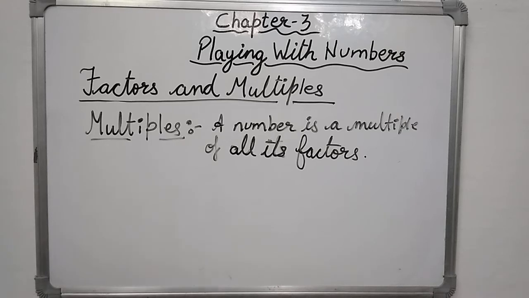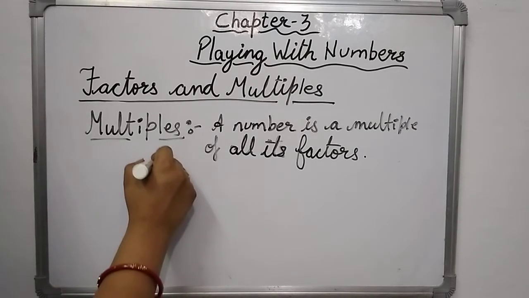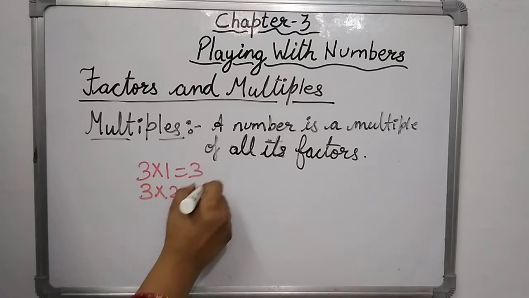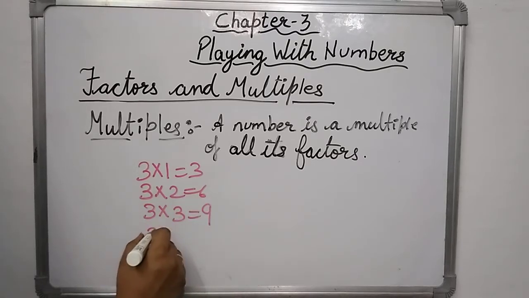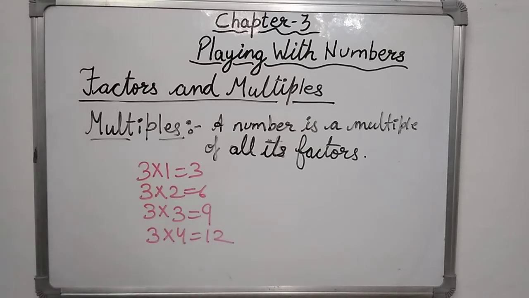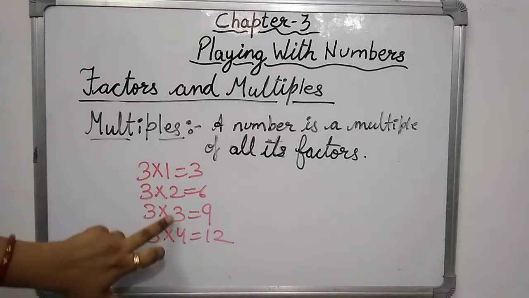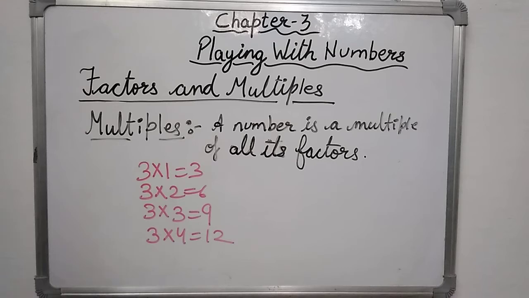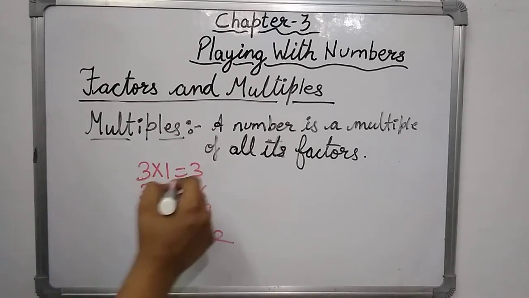We can understand it with the same tables. This is a table of 3. In this table, what we are doing is multiplying number 3 with different numbers to get a product. So when we multiplied 1 with 3, we get 3.